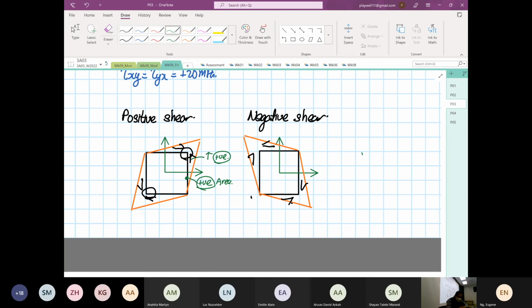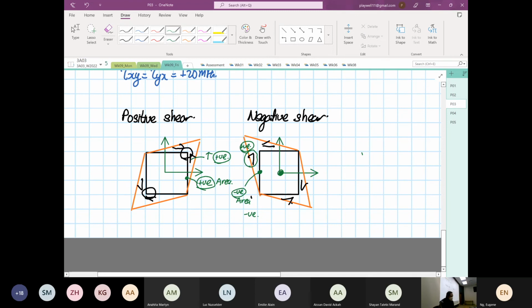For the other case, if you look at this surface over here, it is a negative area relative to the centroid, and the arrow is going positive. So positive multiplied by negative gives you negative.